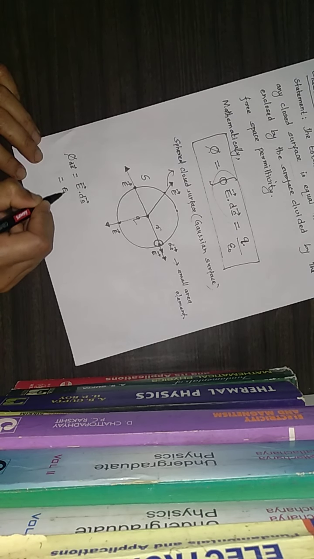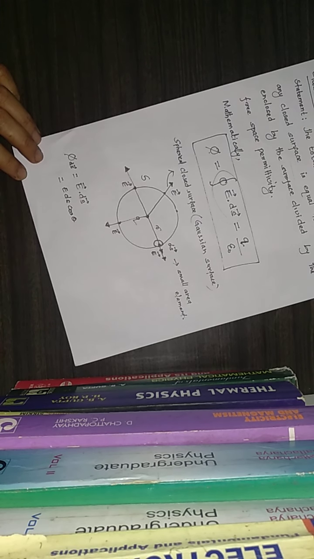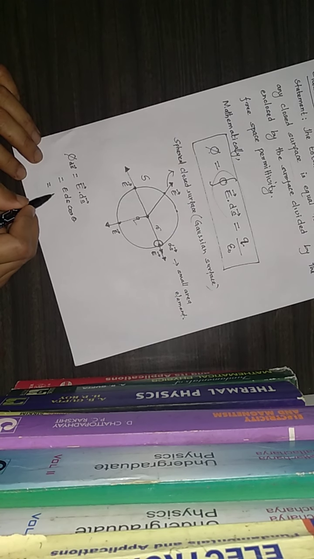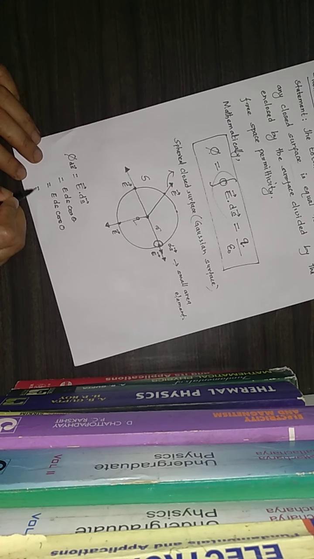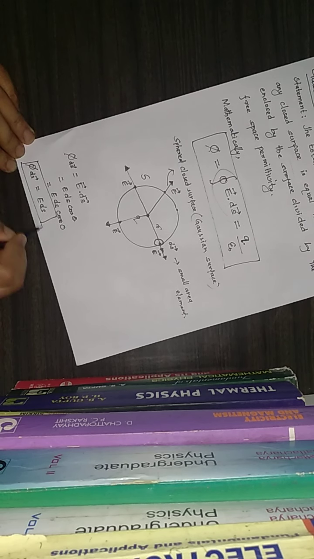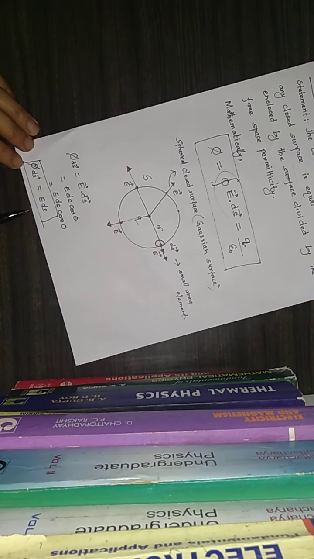Therefore E dot ds gives E ds cos theta. Theta is 0 in this case because E and ds are in the same direction, and cos of 0 is 1. So d phi in this case will be just E ds. So flux through this small area element will be E into ds.